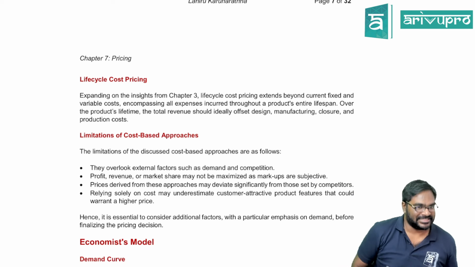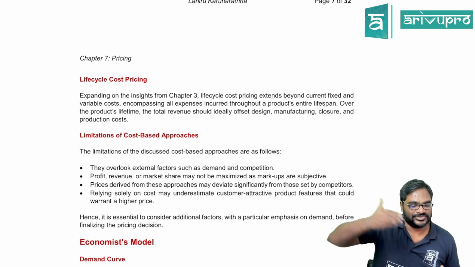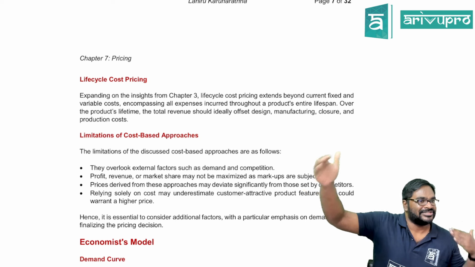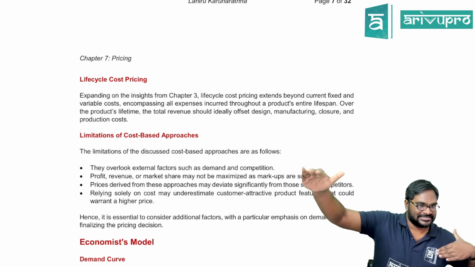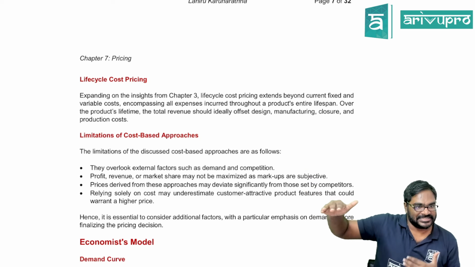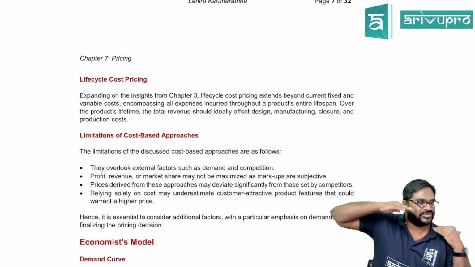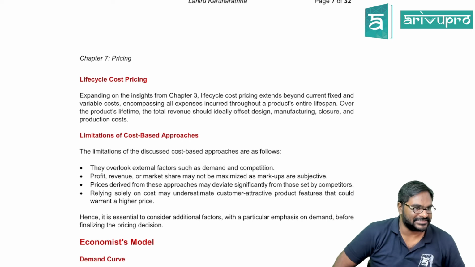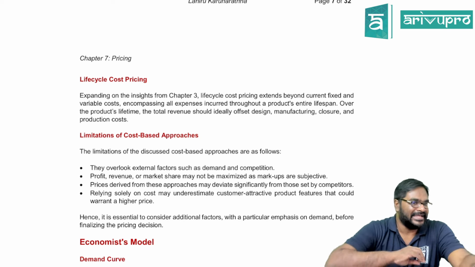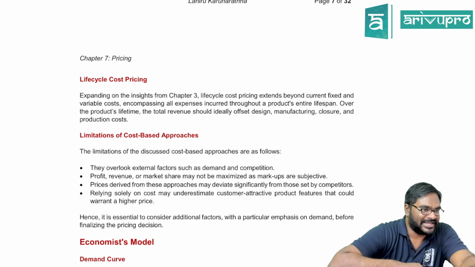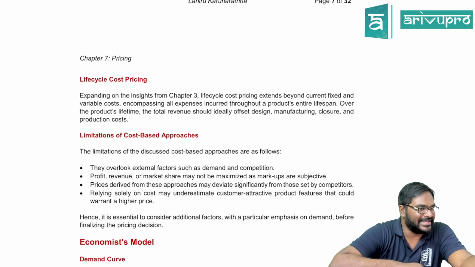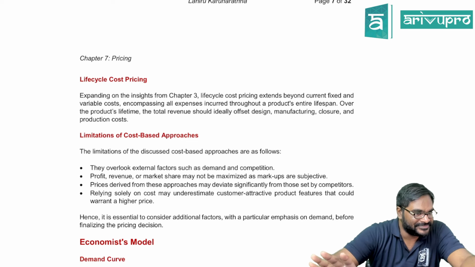So how to use that in pricing? We already decided how much the cost is. We already know how many units we are planning to sell throughout the entire lifetime of the product, then we just add a margin or a markup and divide by the number of units. It's very easy. Are we good?